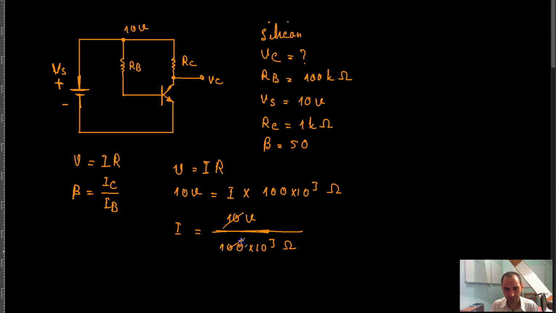And there you have 10 raised to the power negative 4 volts per ohm, which is the same thing as amps, right? So that's your base current, meaning that I can say that I of B is 10 raised to the power negative 4 amps.